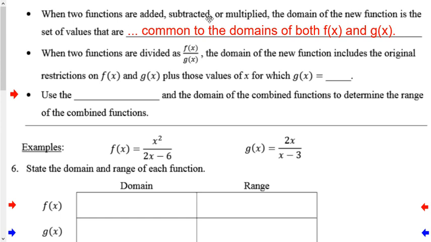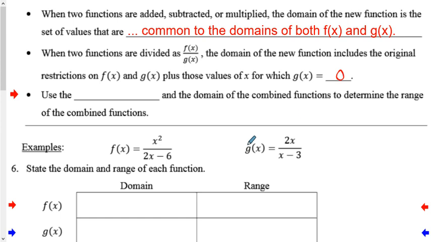In our next bullet, in fact, when two functions are divided, like f of x divided by g of x, the domain of the new function includes all the original restrictions on f and g. So same things we put in bullet 1. It has to be where these two functions overlap, but we also have to exclude values where we would get g of x, our denominator function, equal to 0.